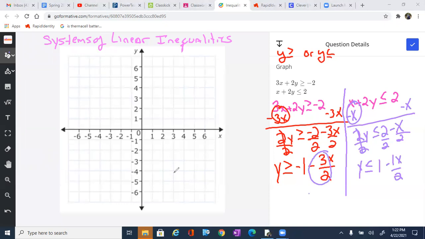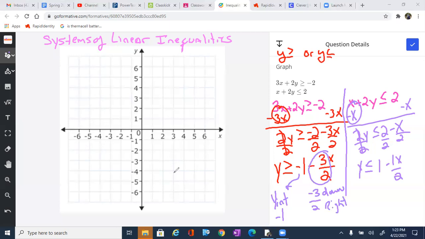So we are going to go down 3 and right 2. And then we have a y-intercept of negative 1. What you'll notice is it is not y equals mx plus b, it's in reverse. But you still have to remember that the coefficient attached to x is your slope.